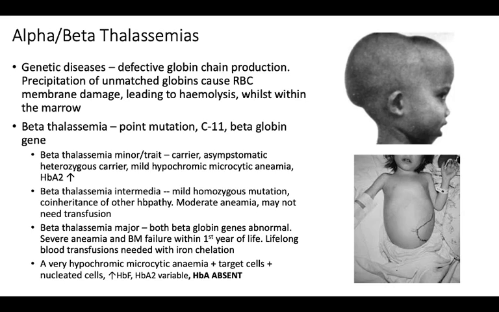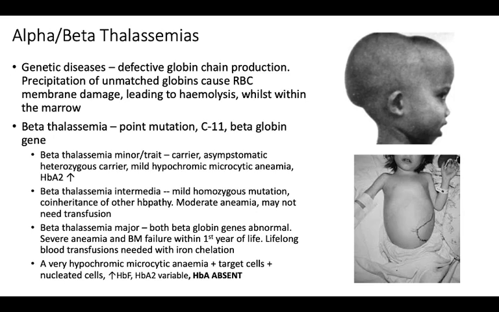The unmatched globins can cause damage of the red blood cell membrane, which then leads to hemolysis, all of this happening whilst within the bone marrow. Whereas in sickle cell disease, it can happen within the marrow, but also within blood vessels.